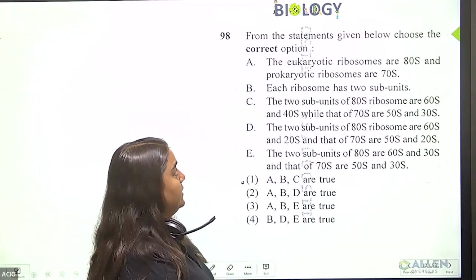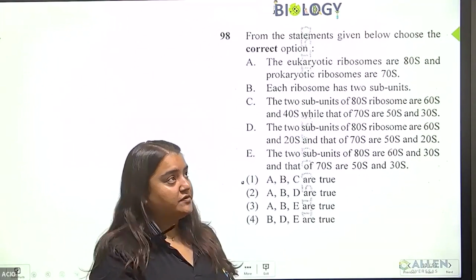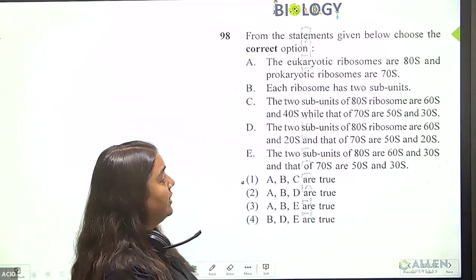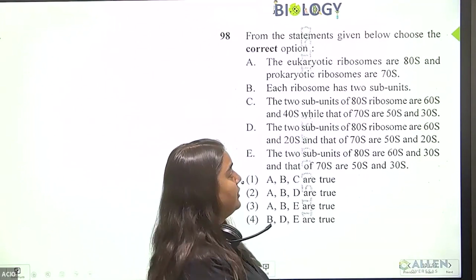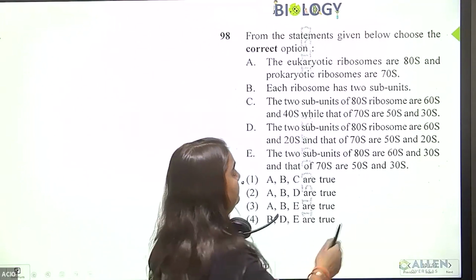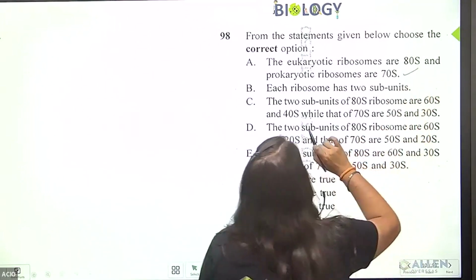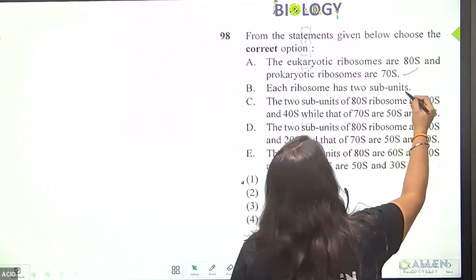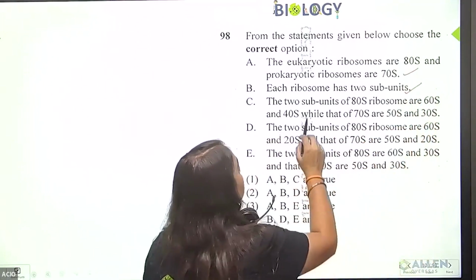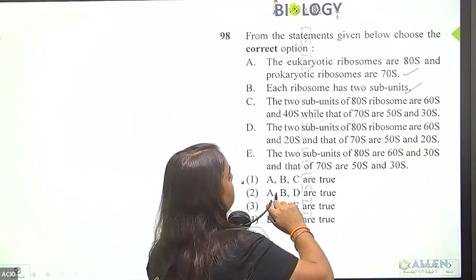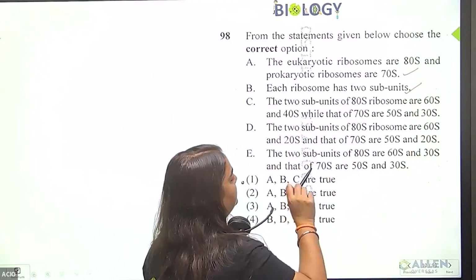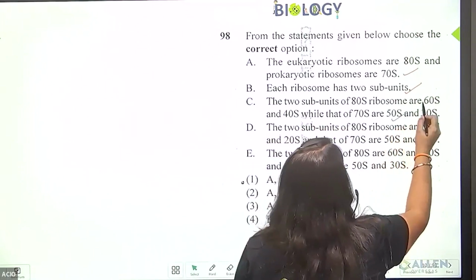From the statements given below, choose the correct option. Let's read out the statements. The eukaryotic ribosomes are 80S and prokaryotic ribosomes are 70S. Perfectly fine. Each ribosome has two subunits. Yes, one larger and one smaller. The two subunits of 80S are 60S and 40S, while those of 70S are 50S and 30S. Perfectly right statement.